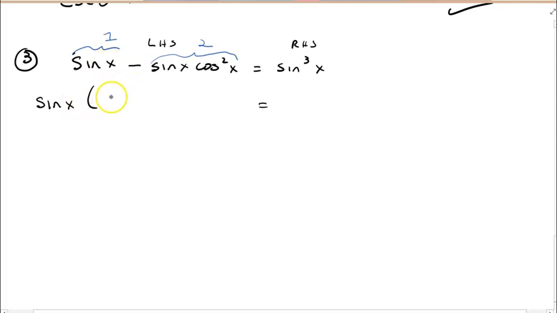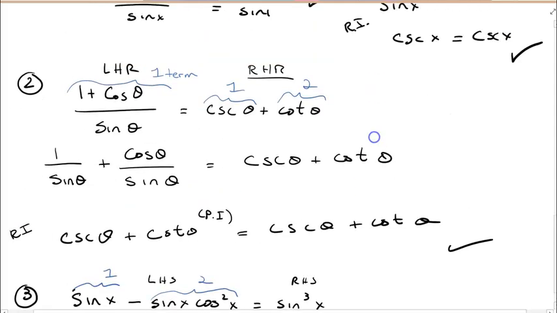When I factor out sine x of the first term, I'm left with just 1 minus cosine squared x. So you remember, all I did was factor. You remember I talked about the Pythagorean identities and how you have to know the variations. So let me flip up to the Pythagorean identities again.